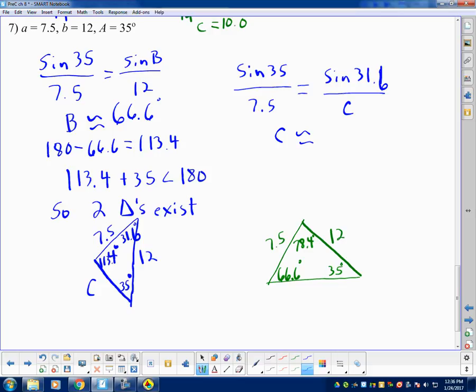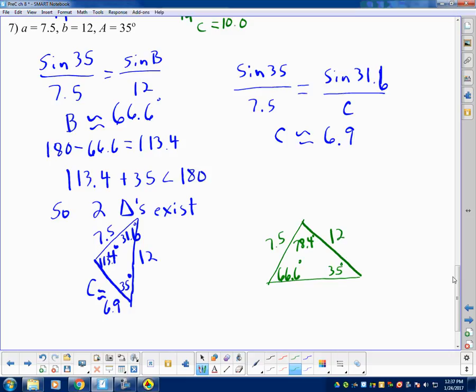So this triangle is done. We have all 3 sides and all 3 angles. Did I get it kind of to scale? I did. Biggest angle, biggest side, middle angle, middle side, small angle, small side. You really can't do that though until you've got all your pieces, and then you can draw the triangle.